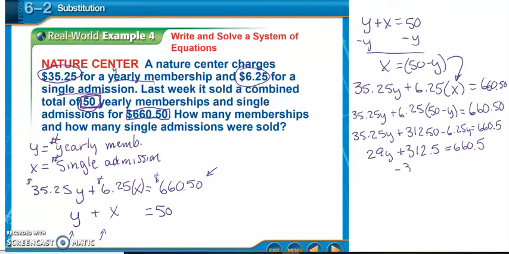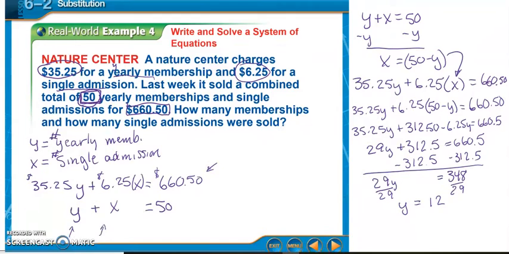Then I'm going to subtract 312.5 from both sides, and you end up with 29Y equals 348. Then divide by 29, and Y equals 12. So there were 12 yearly memberships purchased.